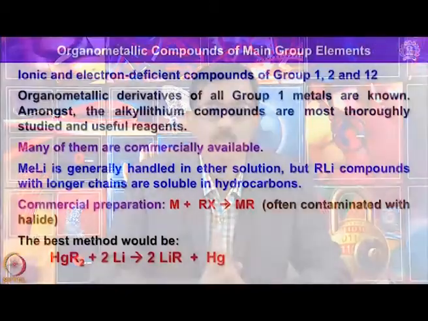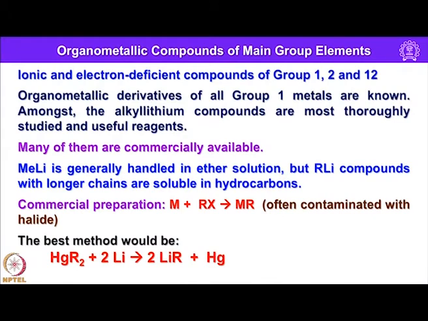Now, let us look into the ionic and electron deficient compounds of group 1, 2 as well as group 12. So, organometallic derivatives of all group 1 metals are known. Amongst them, the alkyl lithium compounds are the most thoroughly studied and useful reagents. Many of them are commercially available.